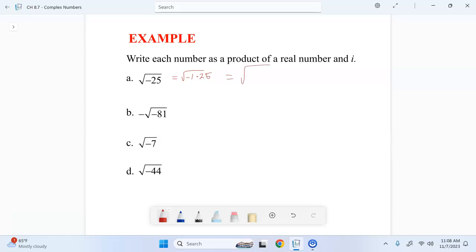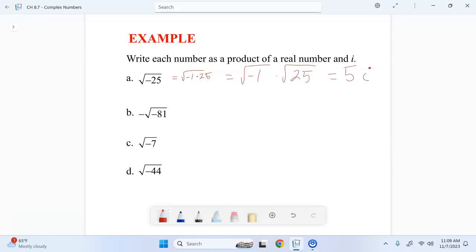So we have the square root of negative 1 and the square root of 25. What is the square root of 25? 5. And the square root of negative 1 is i. So we write our solution as 5i. The i always comes after that whole number, or after that real number. We're going to include the rational number first, and then the imaginary unit, okay?